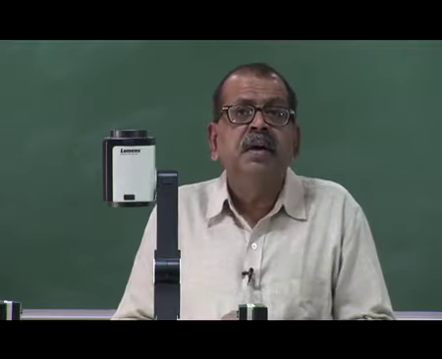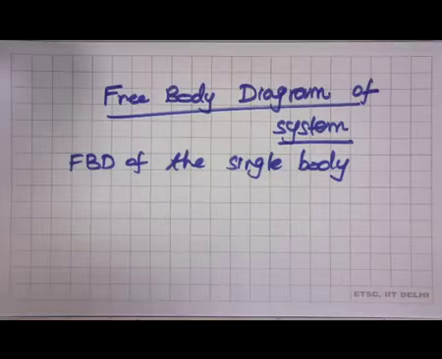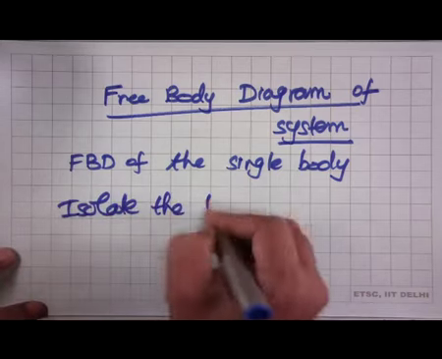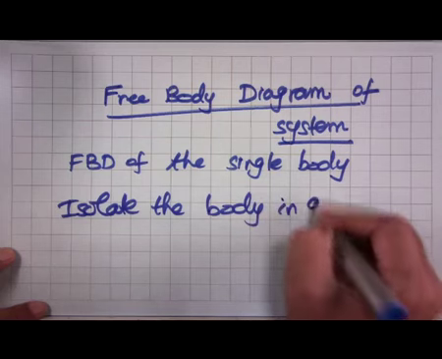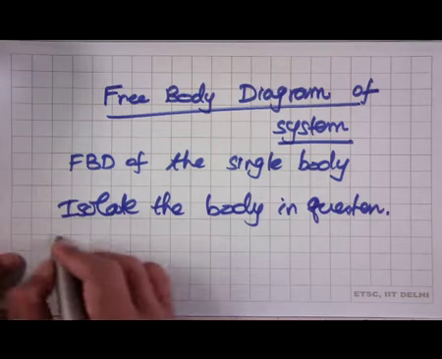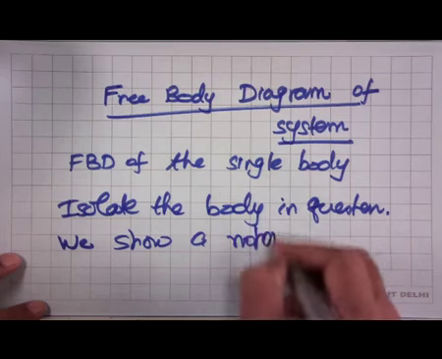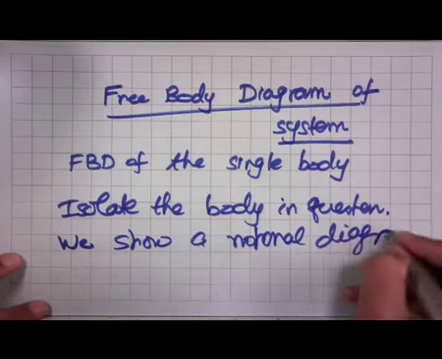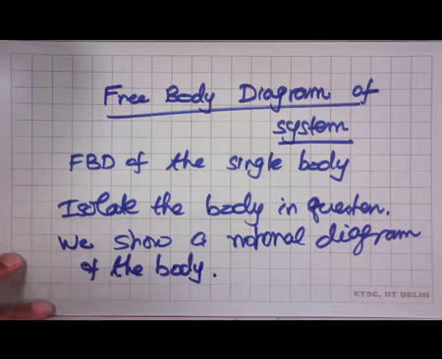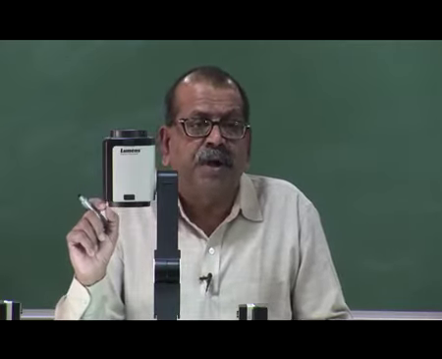What do we mean by a free body diagram? We first talk of a single body. So, we isolate the body in question, and then we show a notional diagram of the body, and if we are not interested in rotation, then the body will be treated as a particle, and we can even show it as a point.